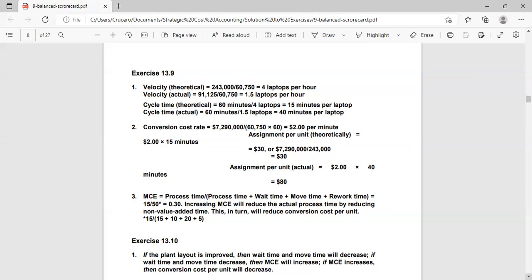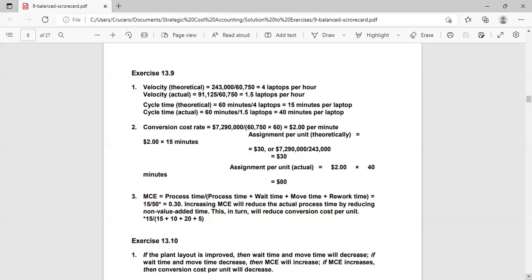In number 10, we are now required to express an improvement strategy as a series of if-then statements regarding what will reduce the conversion cost per laptop.